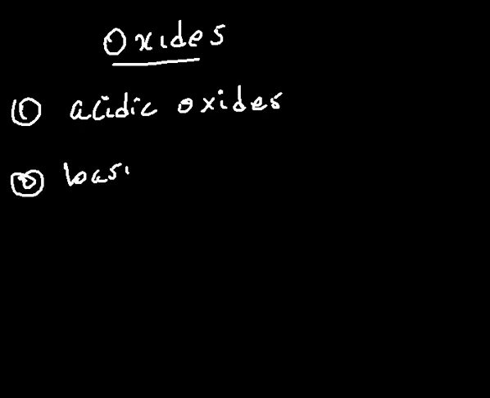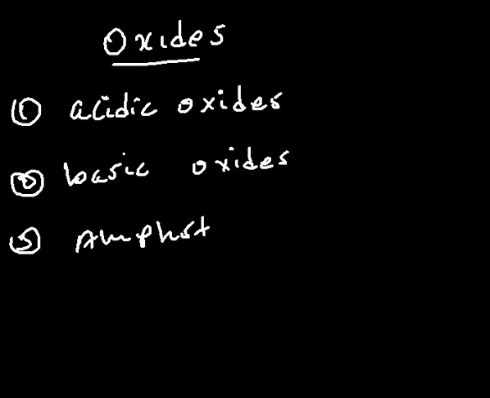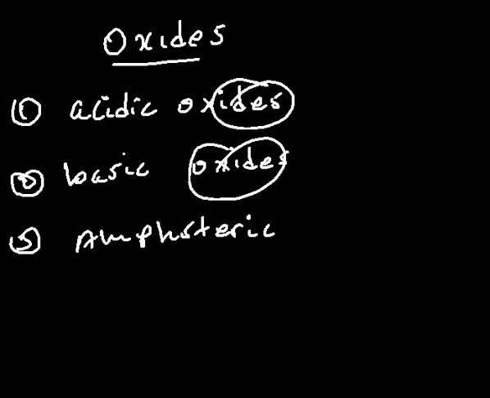So what are basic oxides? And I also have what we call amphoteric oxides. Now, what are acidic oxides, what are basic oxides, and what are amphoteric oxides?